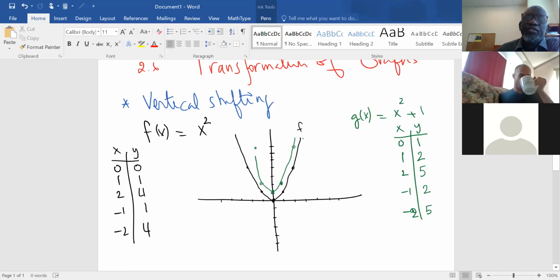Hold on, I'm sorry, the last two points were not right. G of 2 is 5 here, and g of negative 2 is 5 here.